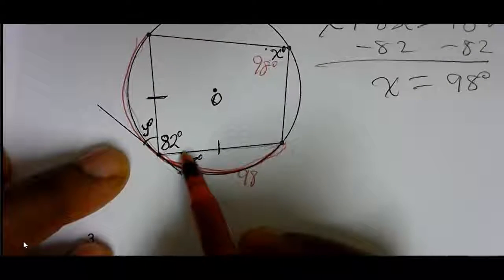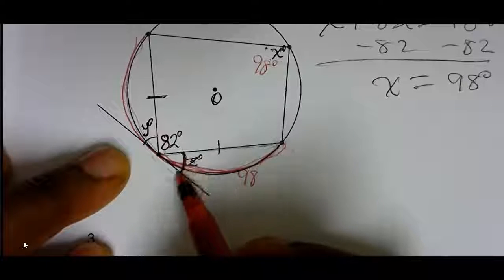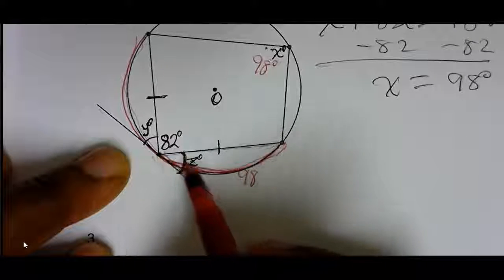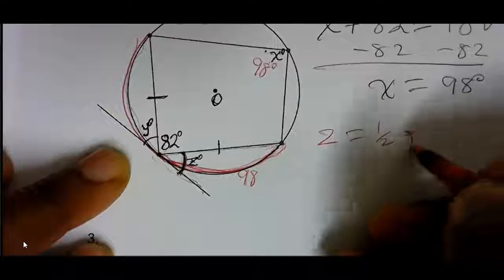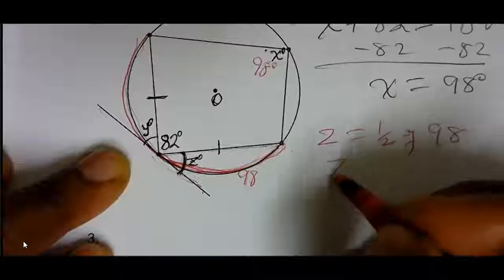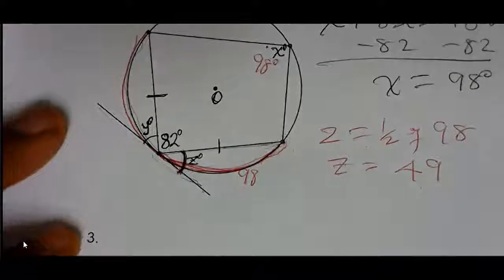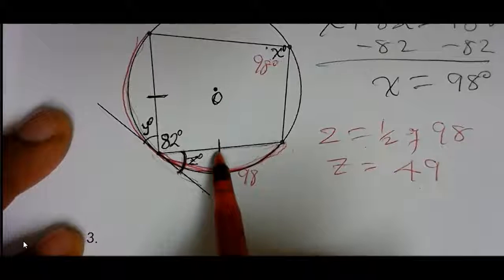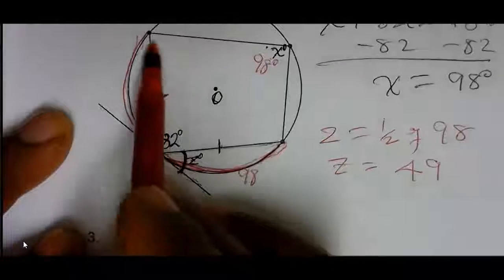And angle Z is formed by a chord and the tangent line. So Z is equal to 1/2 of 98, which is equal to 49. And this symbol shows us that this chord is equal to this chord.